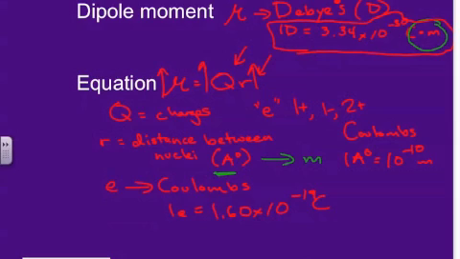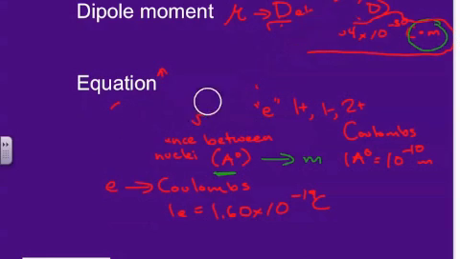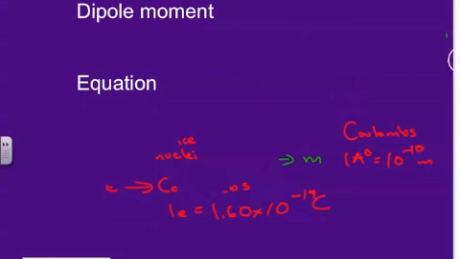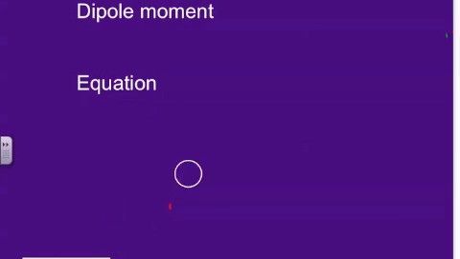Okay, so let's see how this is applied. Let's say you are given the example: hydrogen chloride, or hydrochloric acid, dissolved in water, has a bond length of 1.27 angstroms.